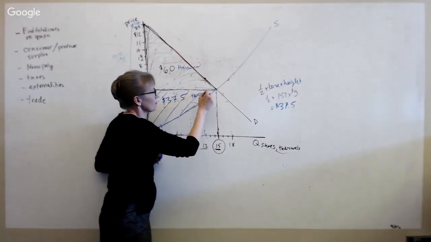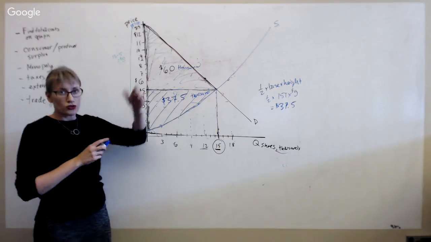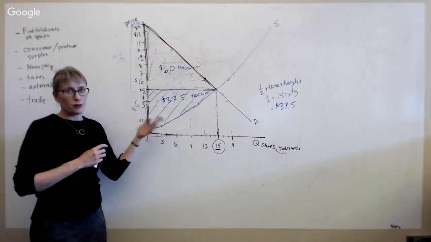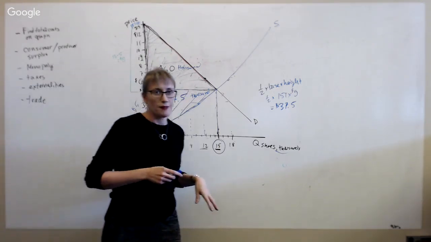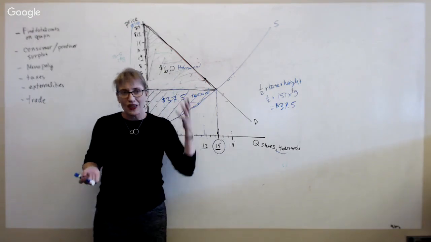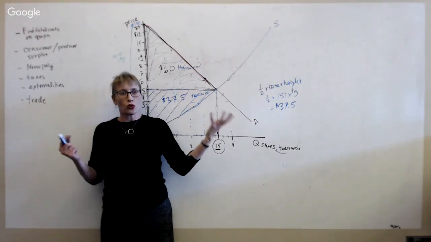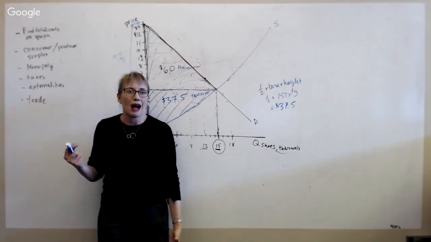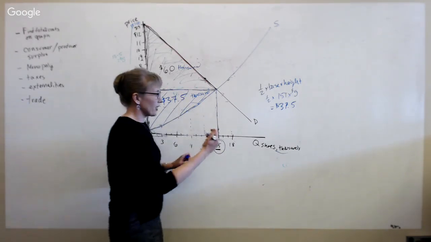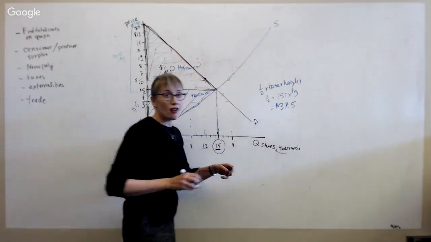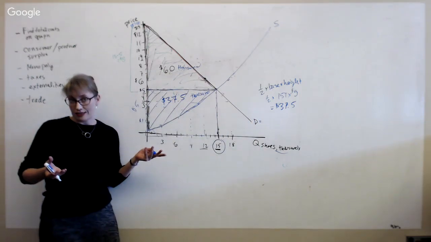Now, if we look at this messy picture here, we can find total surplus, consumer and producer surplus summed together. As economists, this is actually what we care about. Total surplus. Is total surplus as big as it could possibly be? In this market, there are no externalities.